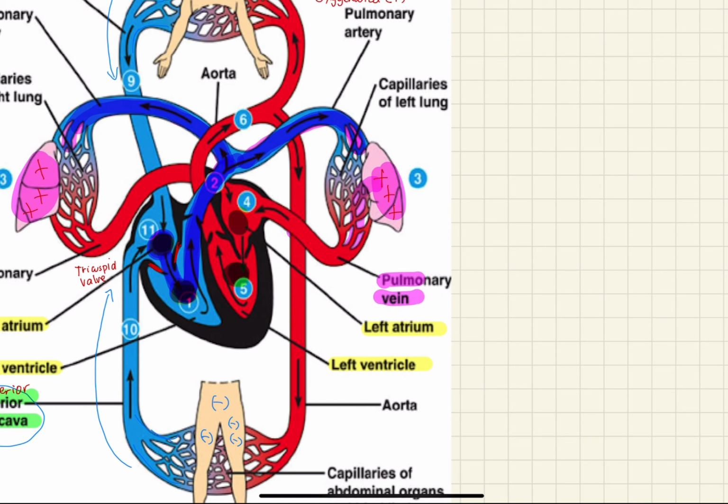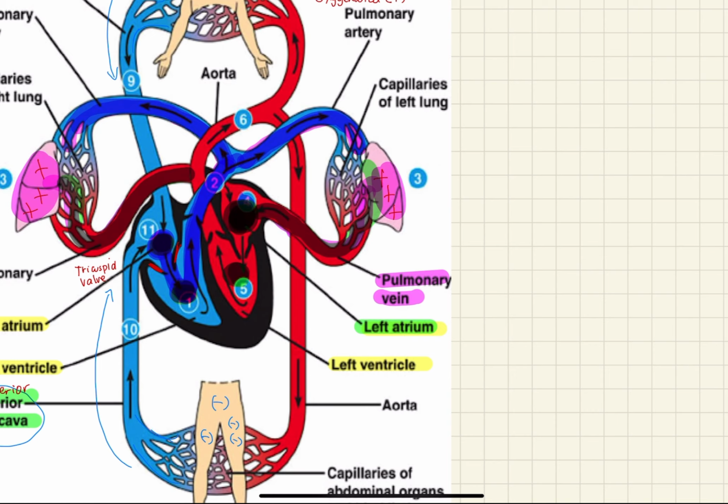So pulmonary vein po ang dadaanan nila going back to the heart. So dito po sila dadaan. Okay? And then here, so tatambay muna yung dugo dito sa left atrium. Okay? So, the blood which came from the lungs, dito po, and then dito, pupunta sila sa left atrium.